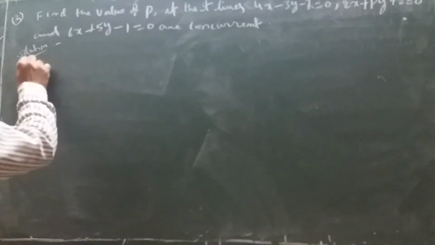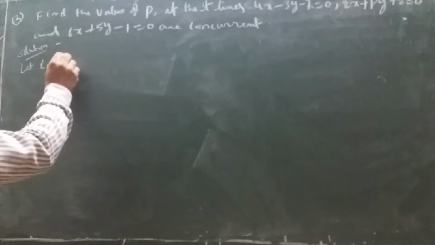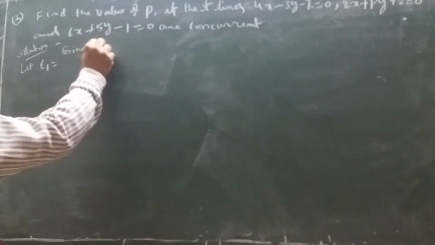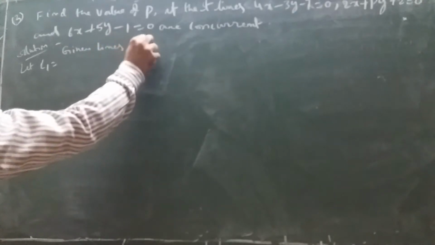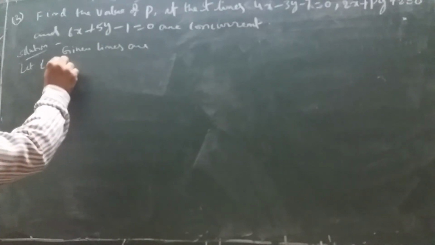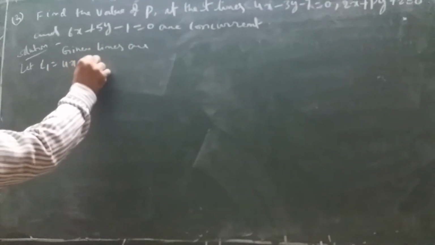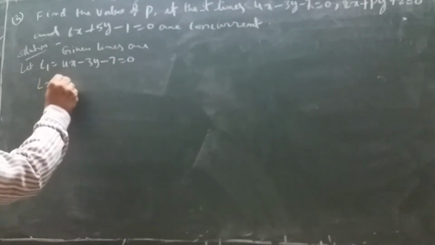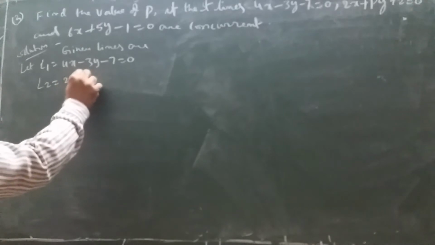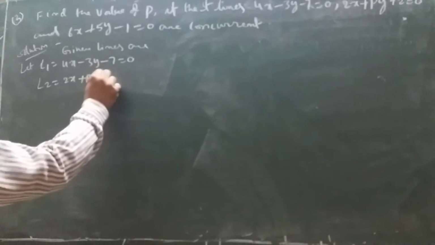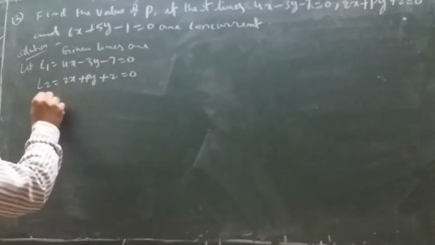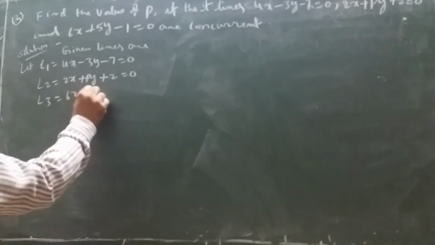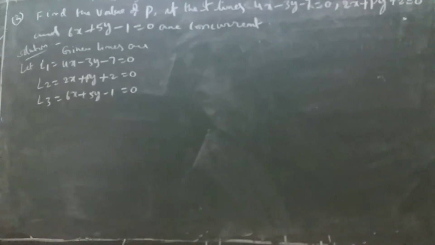Let the given lines be L1 is equal to 4x minus 3y minus 7 is equal to 0, L2 is equal to 2x plus py plus 2 is equal to 0, and L3 is equal to 6x plus 5y minus 1 is equal to 0.